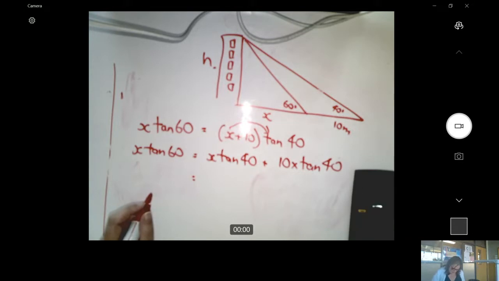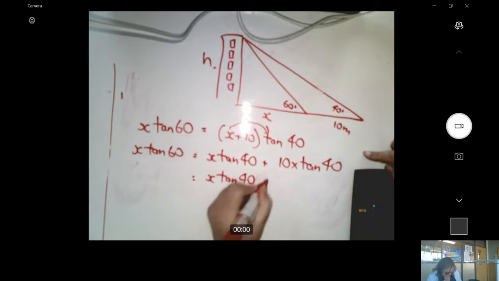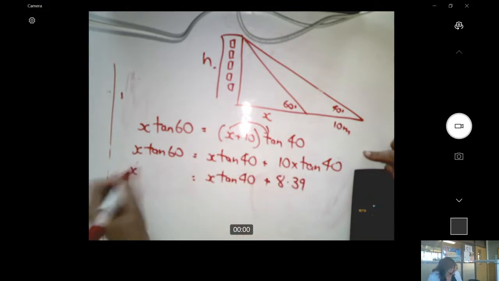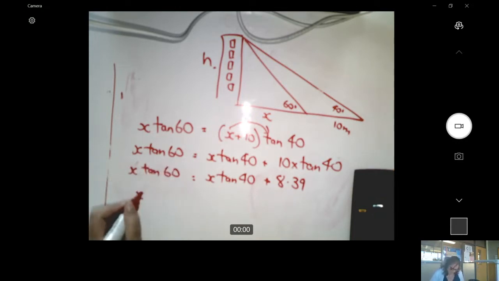So we can work out quite easily what 10 times tan 40 is. Now, similarly, I can work out what tan 60 is.